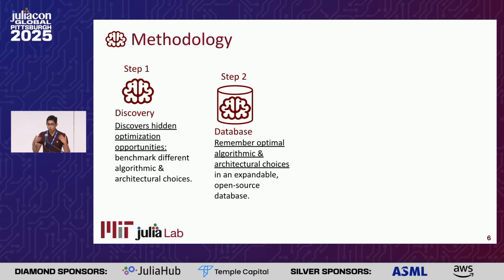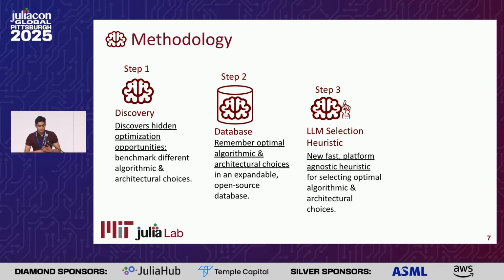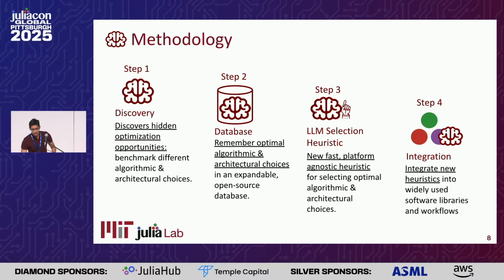We can then store all of this information within a database, which I'll go into more later. Then we can have an LLM or some AI agent look at this database and analyze it to determine an optimal heuristic for algorithmic choice. And lastly, we can take this heuristic and put it in other linear algebra packages so that users who use those packages are able to use our optimal algorithmic choice.